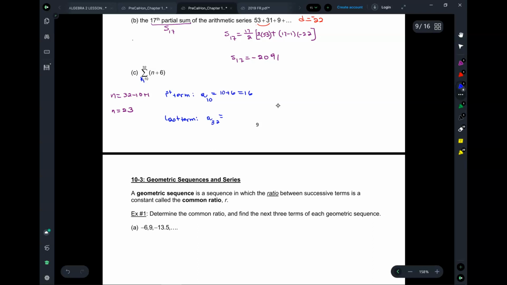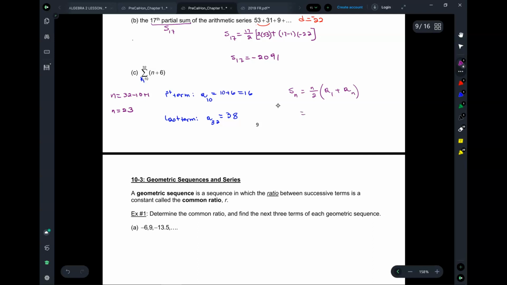That's equal to 38. So let's plug it into the formula. S sub n is equal to n over 2 times a1 plus an.